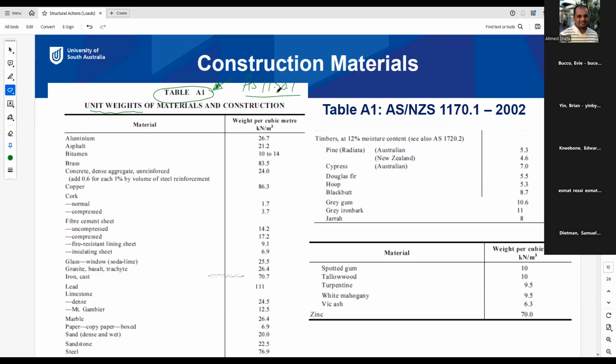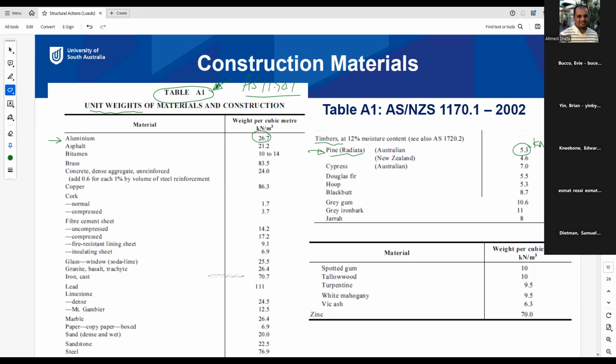As you can see, for example, if you are using aluminium as a material, the unit weight of aluminium is 26.7 kilonewton per cubic meter. If you are using radiata timber, the unit weight of this radiata timber is 5.3 kilonewton per cubic meter.